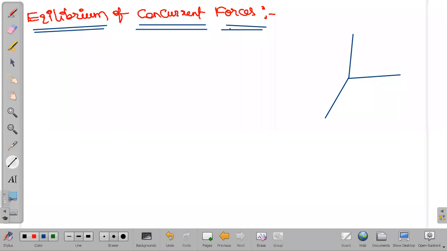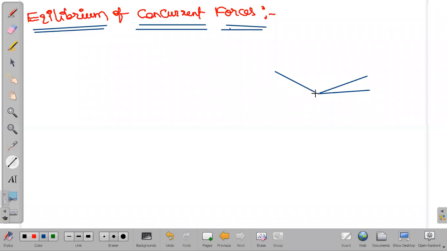See here, I am not writing a coordinate axis here. Don't think that this is a coordinate axis. Better I will change it. Any one of the forces I'll change. Wait a minute, I'll come back again. Some forces are acting at the same point.